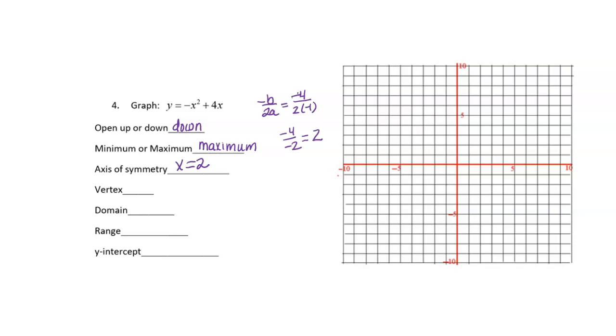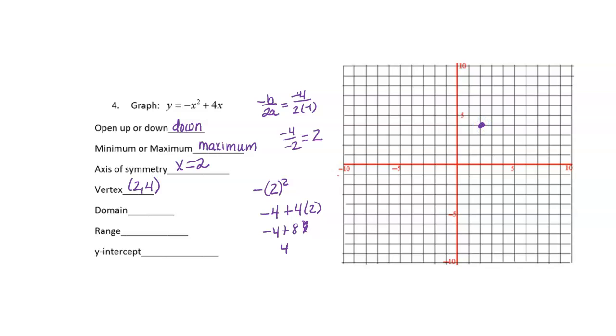If I plug that back into my equation, be careful here. I'm going to square 2, which gives me 4, and I'm going to stick that negative sign back on, which gives me +4. So my vertex is 2, 4.